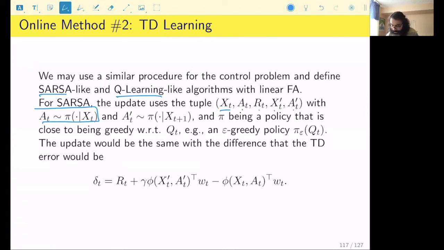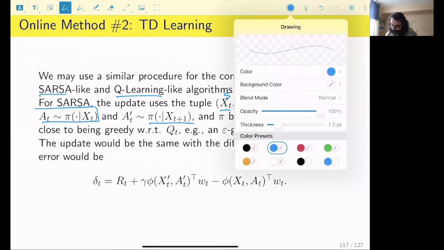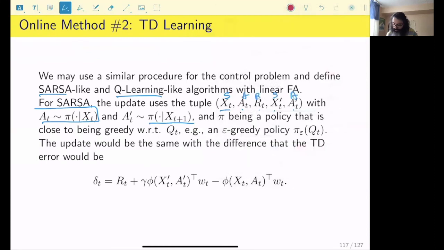Remember that this is called SARSA because it is S, A, R, S, A. A_t would be coming from the policy at state X_t. A'_t comes from the policy at the next state. Or here maybe it's better to use X_{t+1}, but I'm using X prime of t.